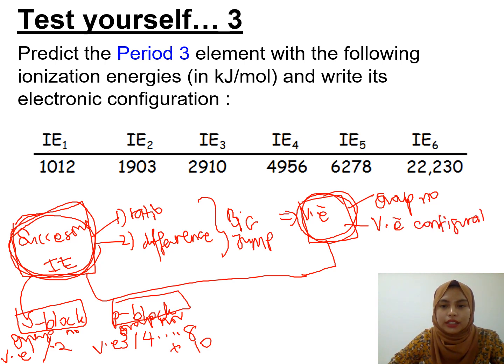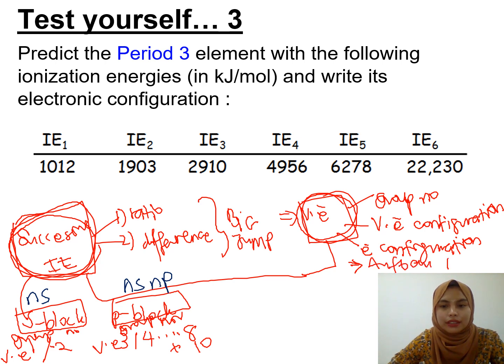Okay, kiranya kalau let's say S block akan ada valence electronic configuration of ns, kalau P block ns dan juga np. And lastly, from there as well, you boleh cari the full electronic configuration of your element. Okay, and you boleh isi melalui Aufbau principle.